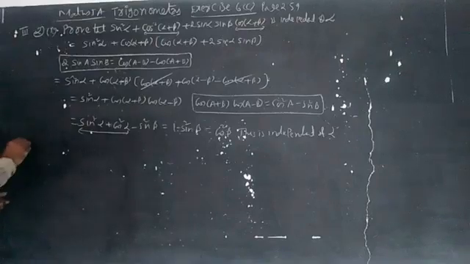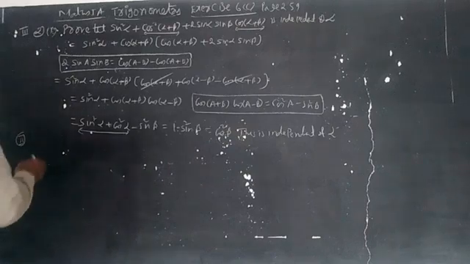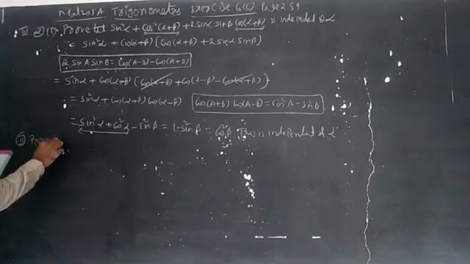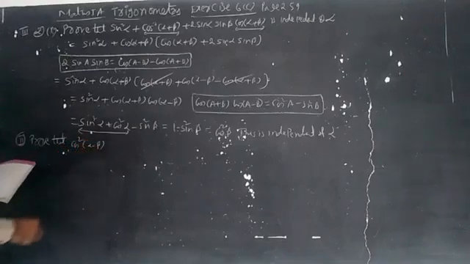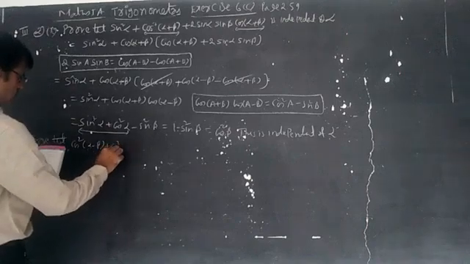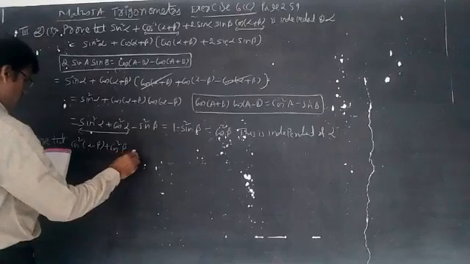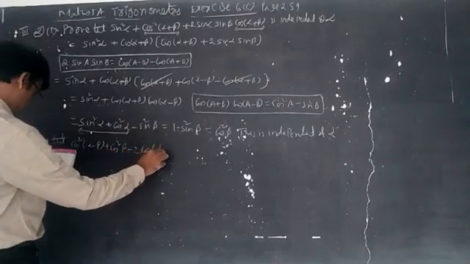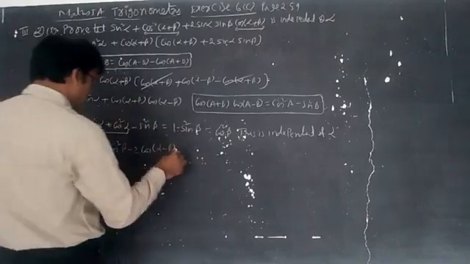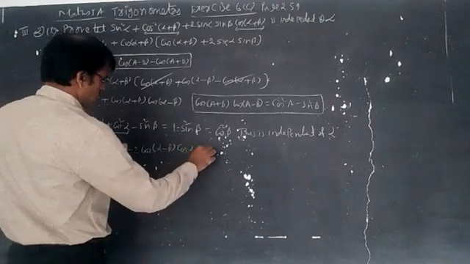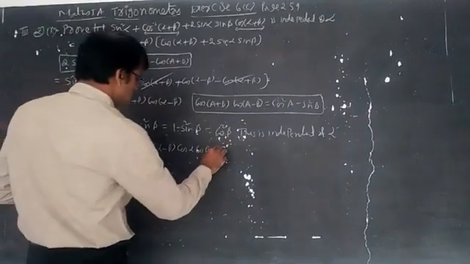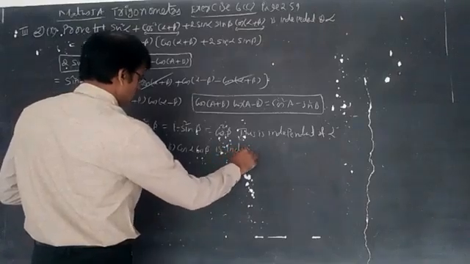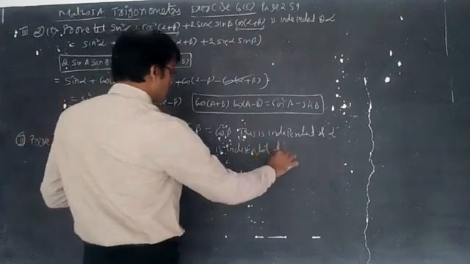In a similar way, another question is there. In this question, second one, prove that cos square of alpha minus beta plus cos square beta minus 2 cos of alpha minus beta into cos alpha cos beta is independent of beta.